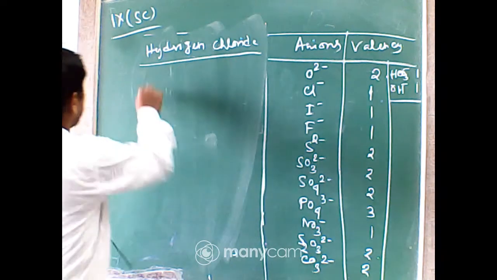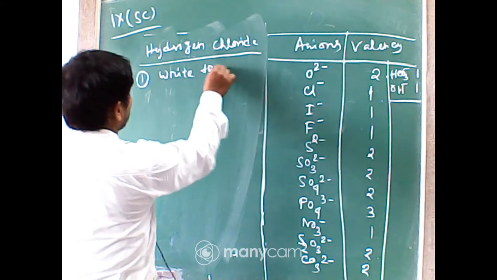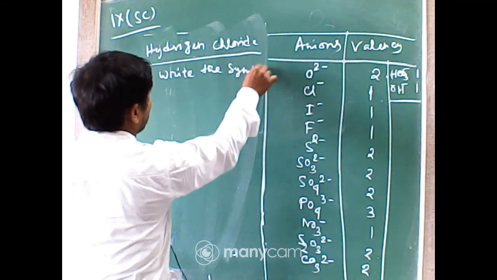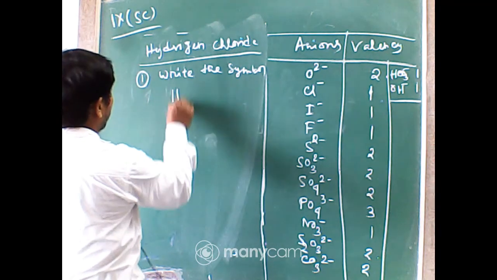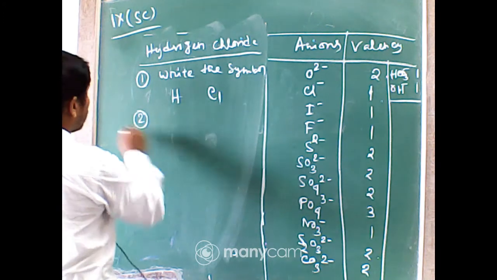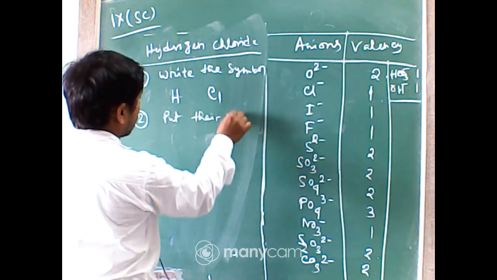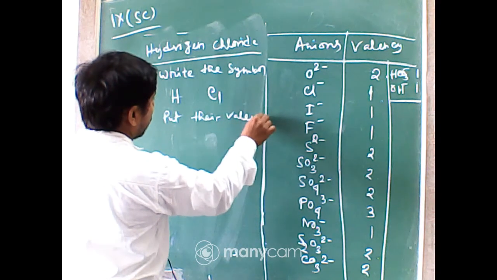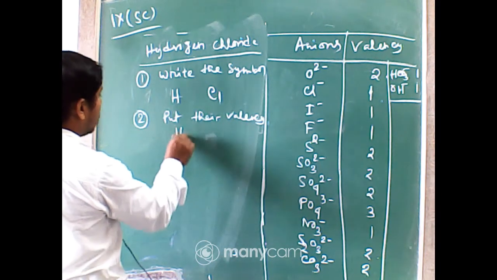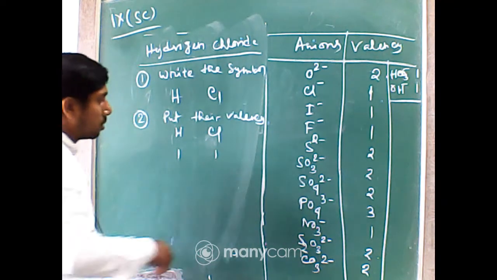Now first step, write the symbol. Number 1, so H and Cl. Number 2, put their valencies. So H 1, Cl 1.